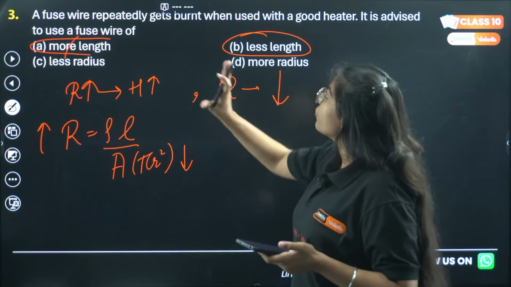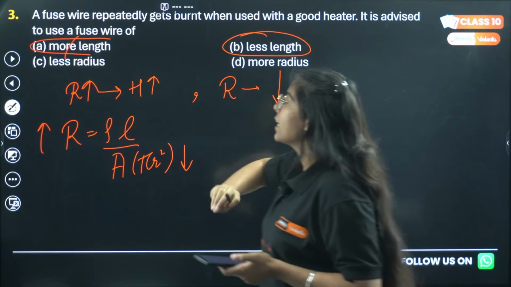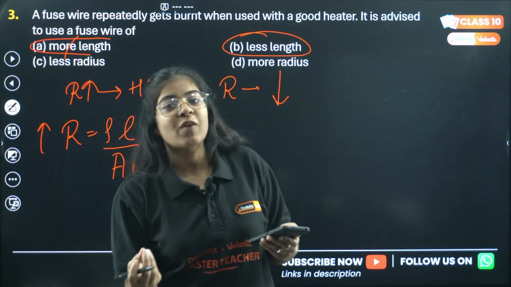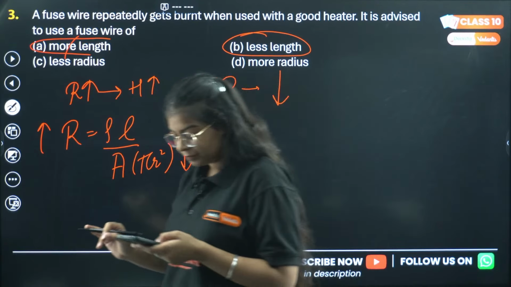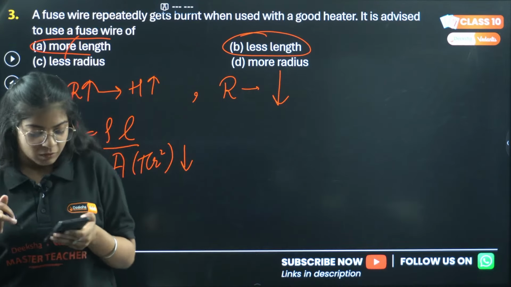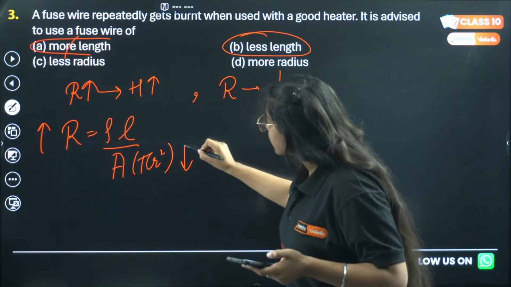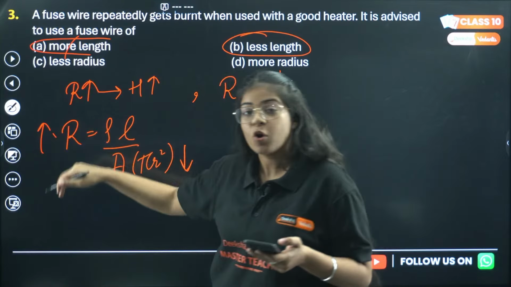See, they are saying a fuse wire repeatedly gets burnt. Used with a good heater, it is advised to use a fuse wire of which resistance? Less resistance, so that it doesn't get burned. So now, again, think. Is it less radius or more radius? If it's less radius and resistance is inversely proportional, then resistance is more.